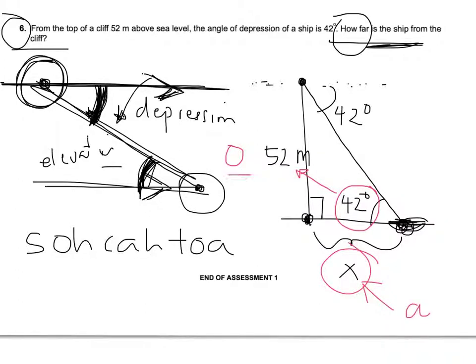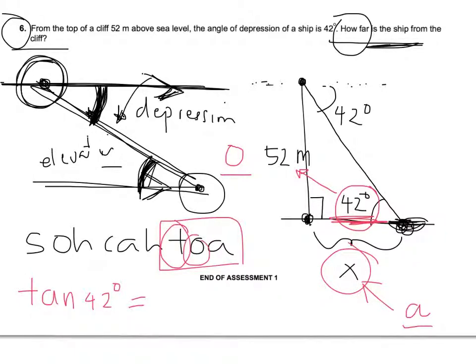So you have O, you have A, that means TOA. T means tangent. So if I set this up, tangent of 42, because we're referring to the angle 42, must be equal to the opposite over adjacent, so 52 over x.